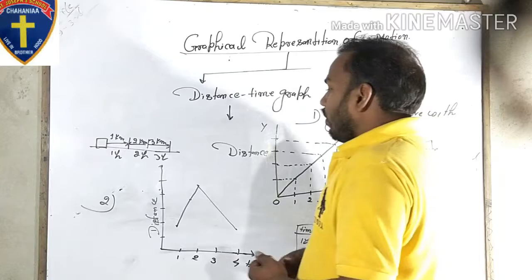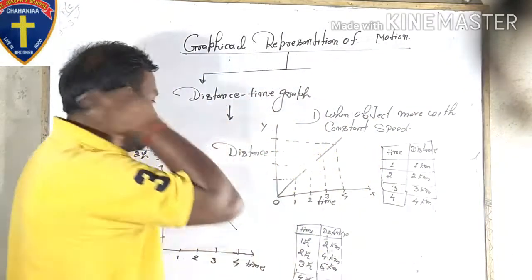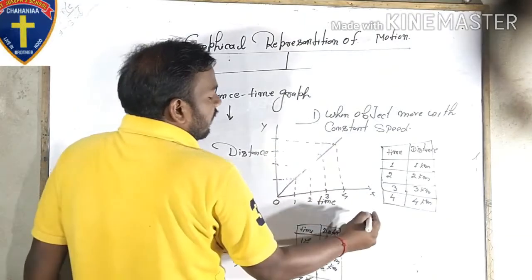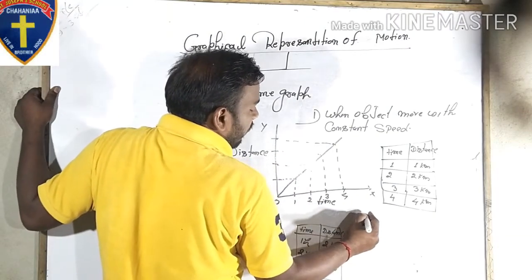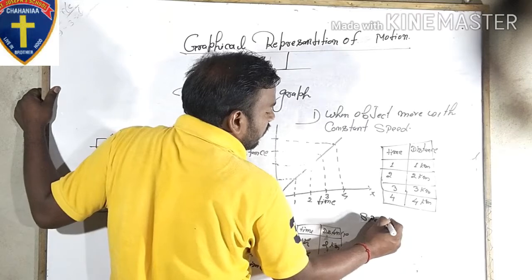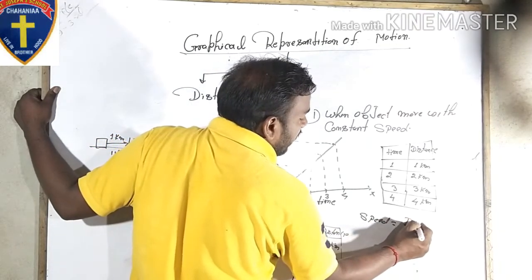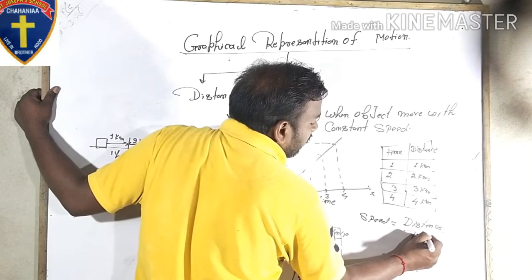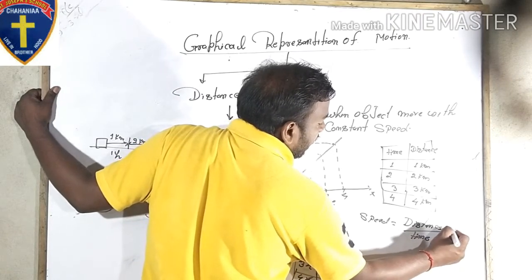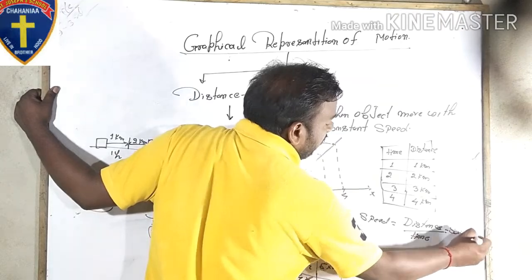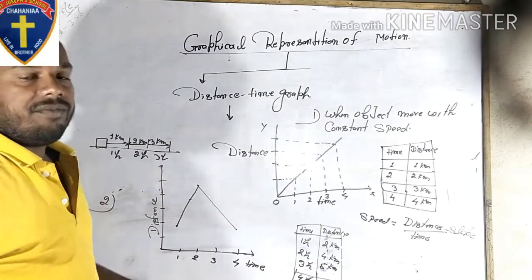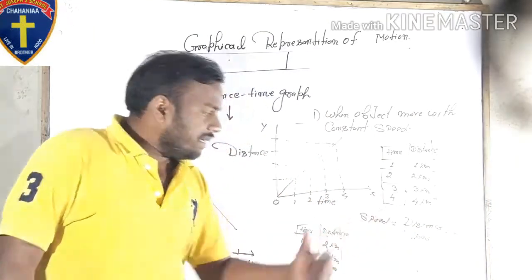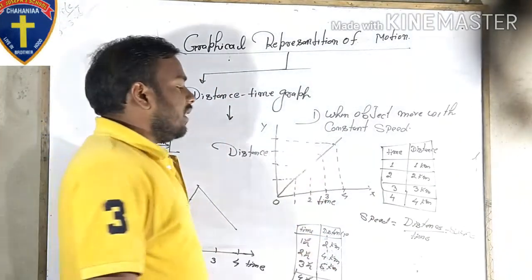So when we put the values, we know the formula: speed is equal to distance upon time. So we can say that is the slope. How do we find the speed of the object by the graphical method?